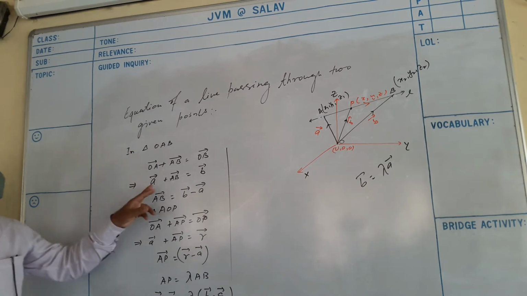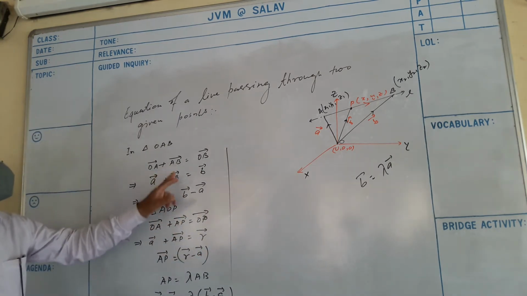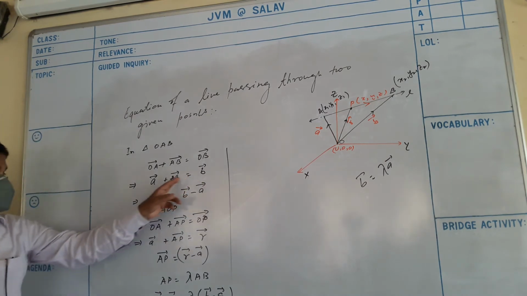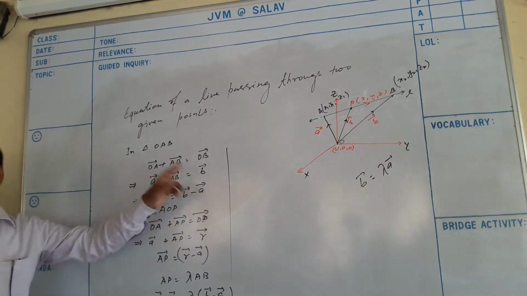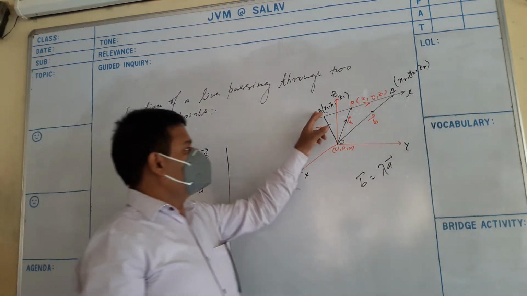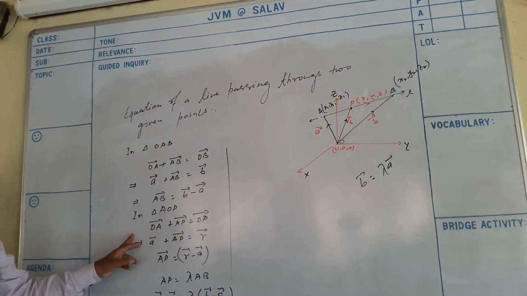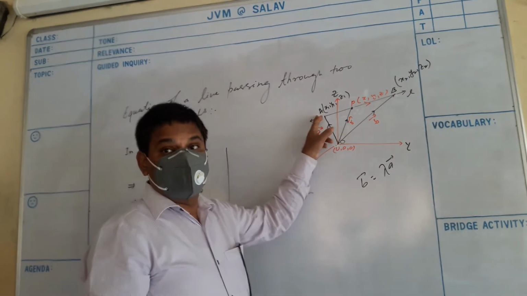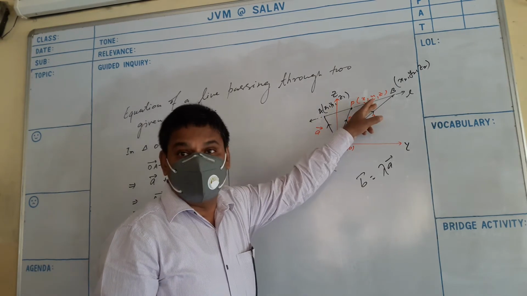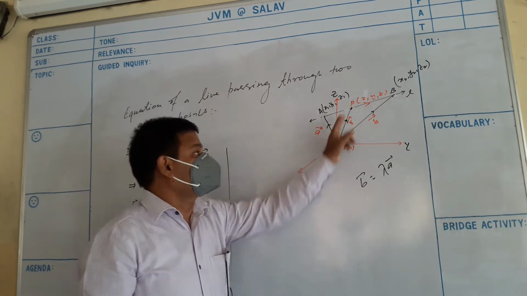So OA is vector A, and OB is vector B. So AB is equal to vector B minus vector A. In triangle AOP, by using the triangle law, the direction is very important: OA to AP and then OP. So OA plus AP is equal to OP.